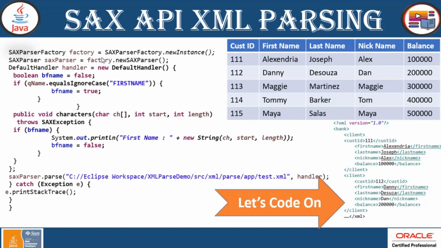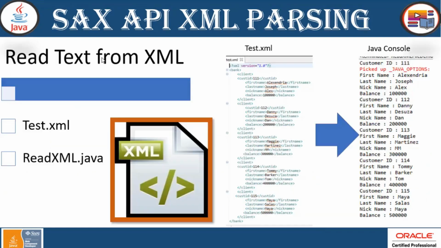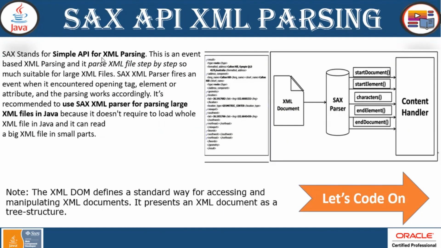We are going to use the SAX parser factory, and inside that parser factory we are going to start the functions. First we'll have start document, then start element, and then end element, as we have seen here: start document, start element, then characters, end element, and the end document.